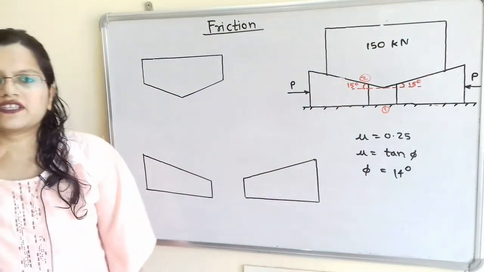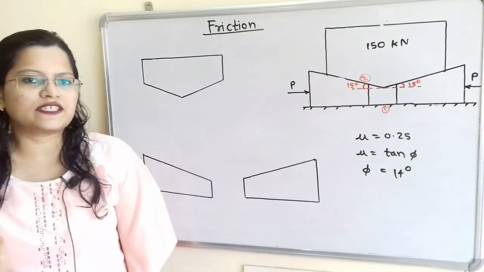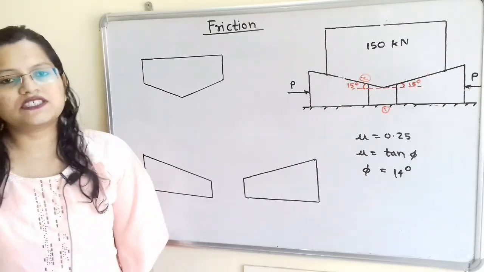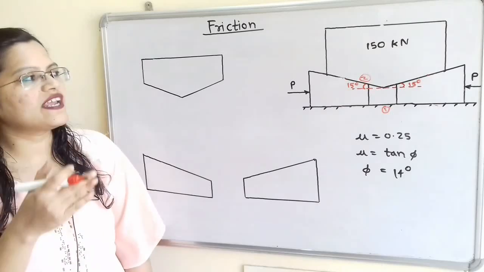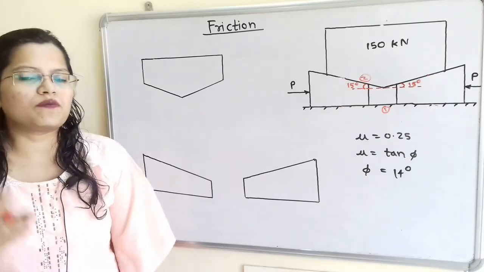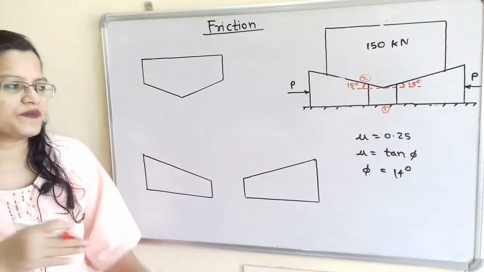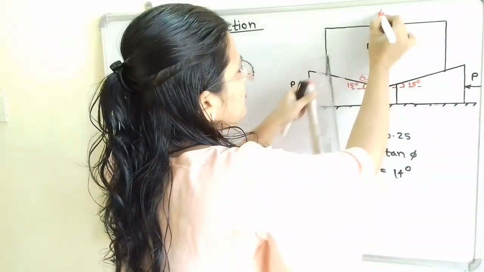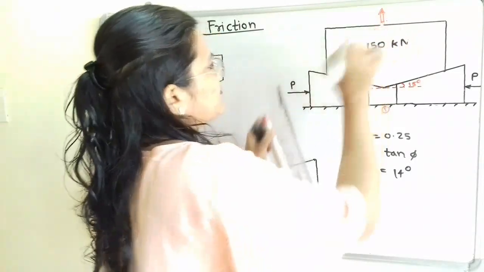Now we will decide the motion of the wedges as well as the block. The purpose of the wedges is mentioned in the question. We have to lift the 150 kN block in the upward direction, so we will mention here the motion of the block in the upward direction.